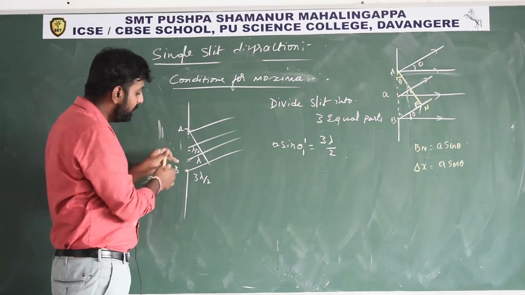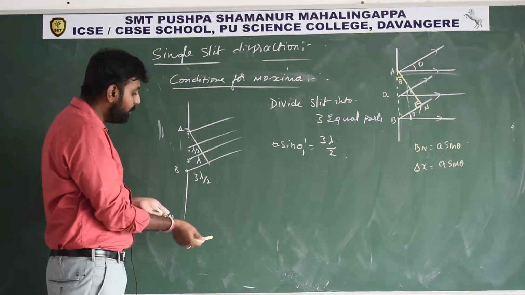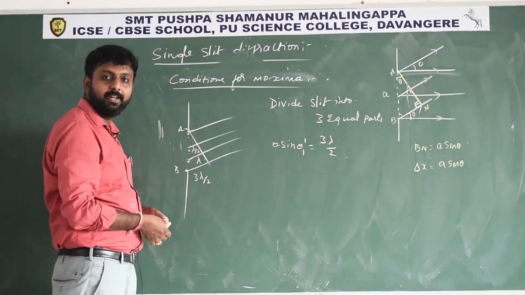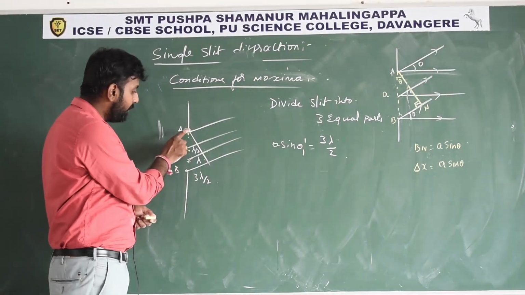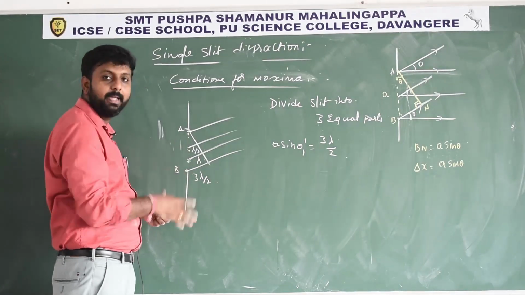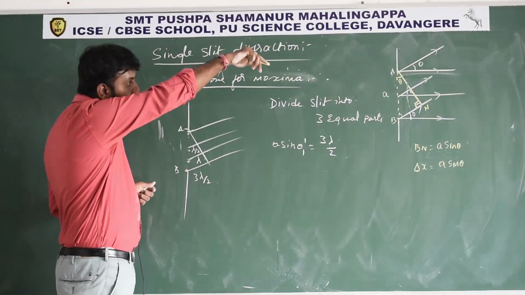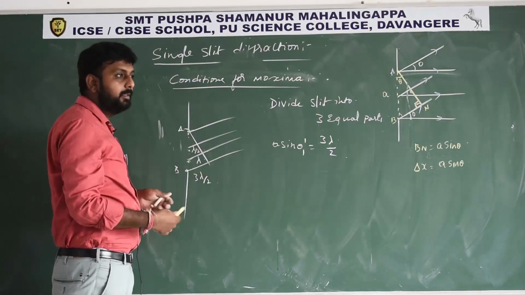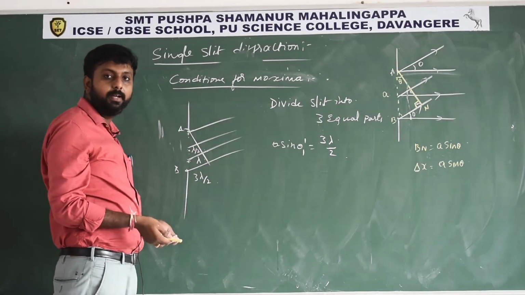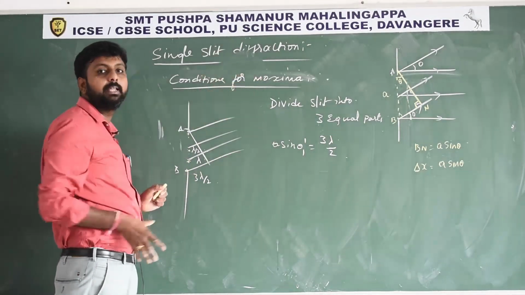For this part, if you consider one point here, there is no corresponding point in the lower half, right? For this point there is a pair. For this point there is no pair. This is single. So it will travel and they meet at point P. So there is no corresponding point. Hence, due to this part, we will get some brightness there.